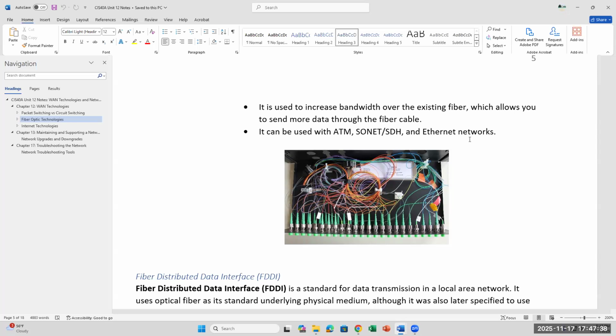So if you want to install fiber, you're going to have a fiber box. These fiber connections are going to funnel to your box. Then your box is going to have a switch, a distribution switch that's going to convert that signal to your Ethernet signal. That's how we can incorporate this in our server room or our server rack.